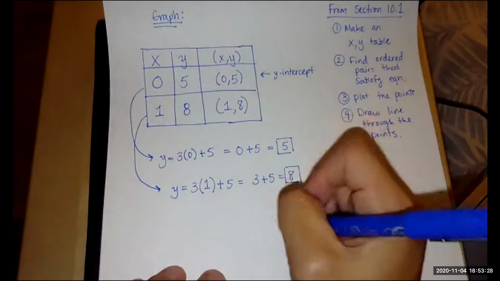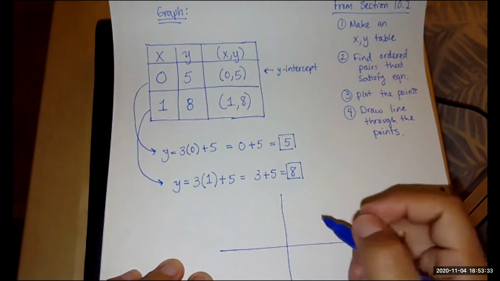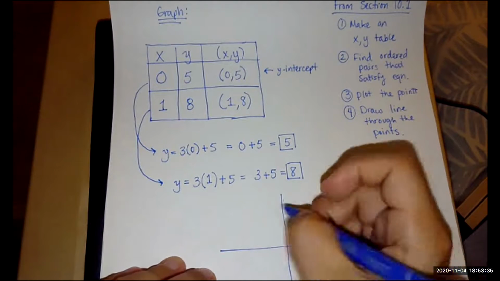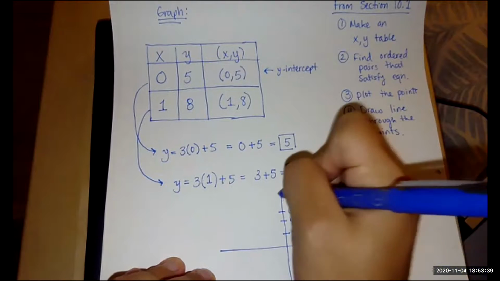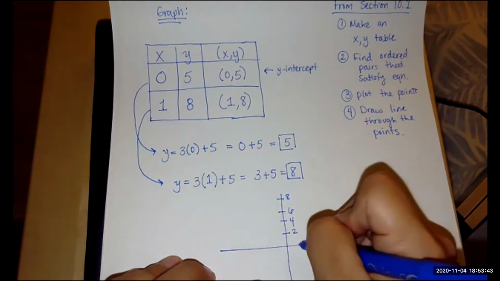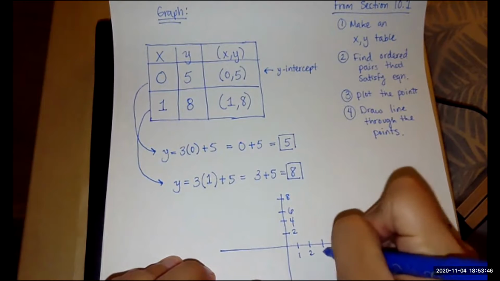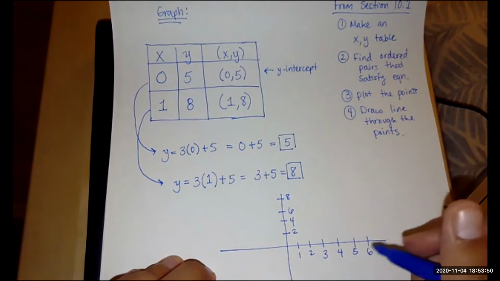So now if I'm graphing this, I'm going to count by 2's in the y direction: 2, 4, 6, 8. And I'm going to count by 1's in the x direction: 1, 2, 3, 4, 5, 6.